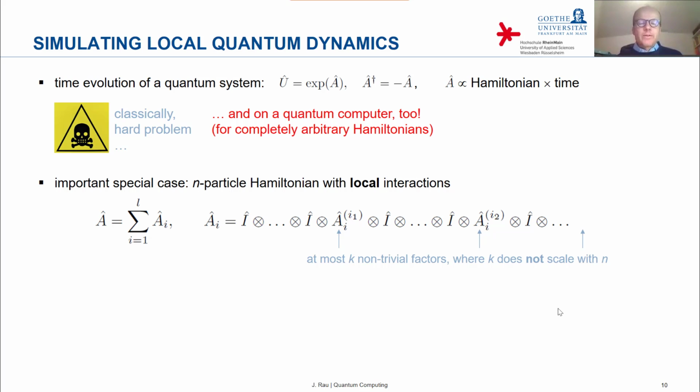So the important aspect here is that this number k does not scale with the total number of particles in your system. One also says that each particle couples to at most k-1 others, independently of how many particles there are in total.